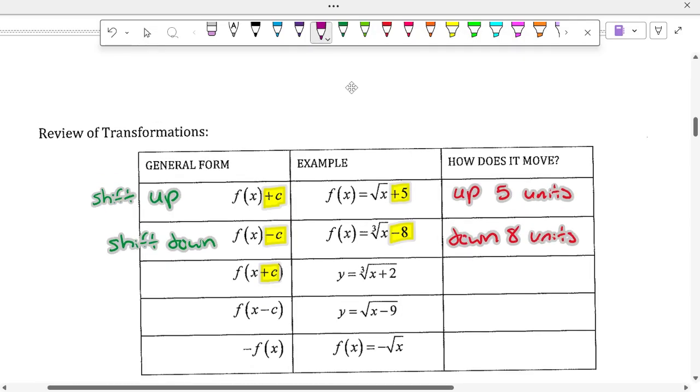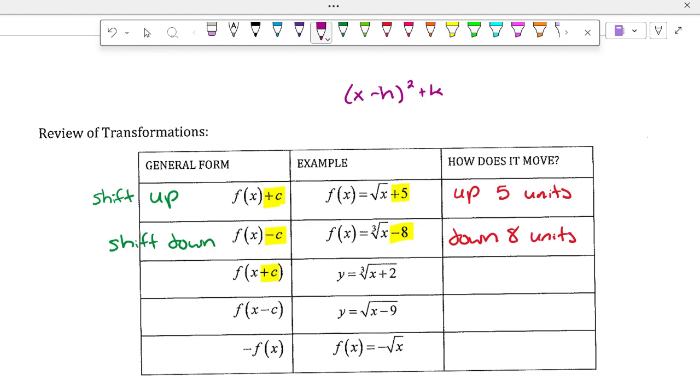Just like in vertex form, y equals a times x minus h squared plus k, where k is your vertical translation and h is your horizontal translation. Since the minus is originally there, and that's true for a square root function, a square root function would be the square root of x minus h plus k, just with a radical instead of a square.